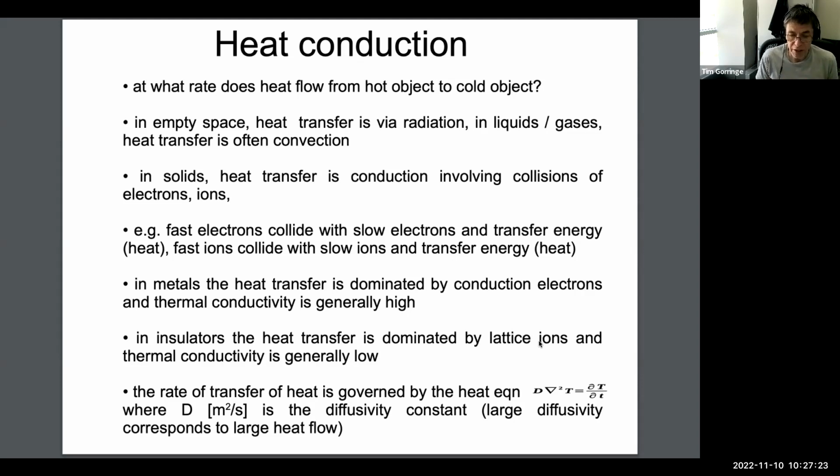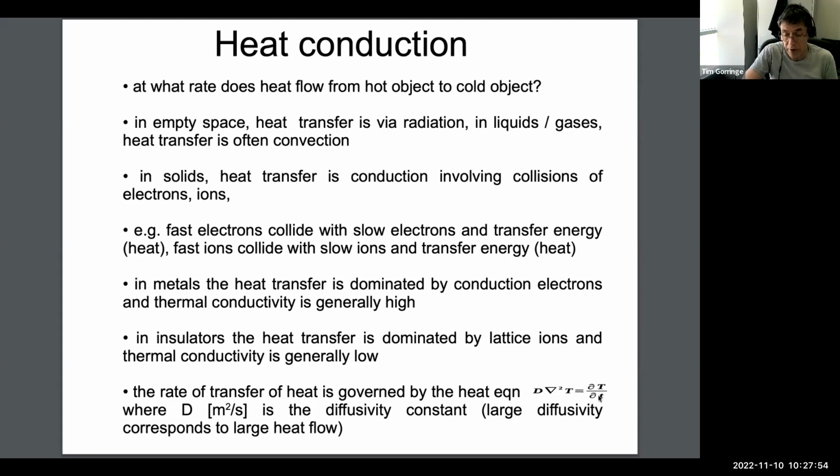The equation that governs the transfer of heat and determines the rate of heat transfer is the equation we call the heat equation. I've denoted it down here. It's a partial differential equation with differentials with respect to space and time. It's a partial differential equation for the temperature of the solid as a function of space and time coordinates.